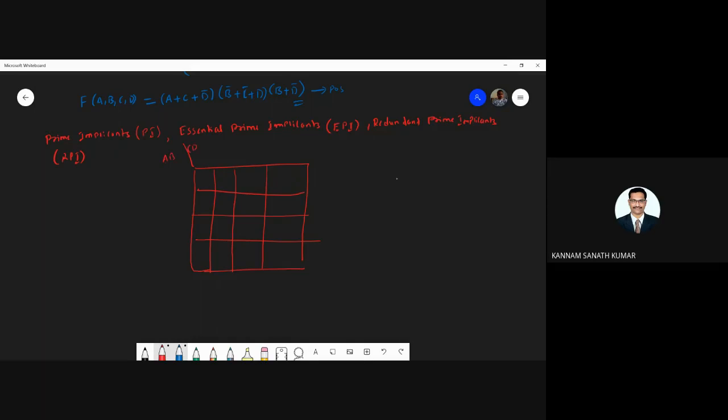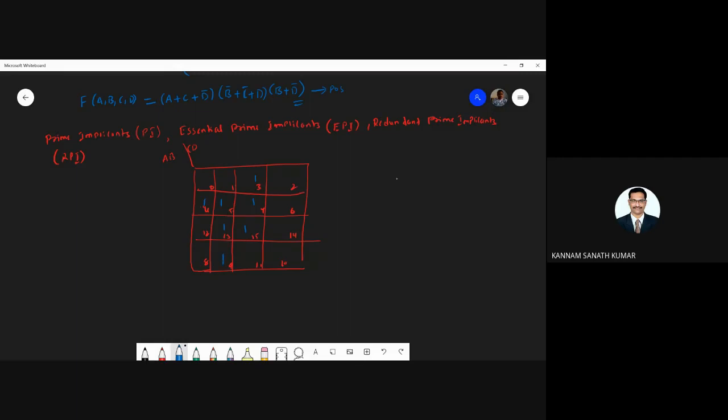So 0, 1, 2, 3, 4, 5, 6, 7, 8, 9, 10, 11, 12, 13, 14, and 15. Here, if you see, 4 and 5, 1 1 is there, and 3 and 7, two ones are there. So 13 and 15, 1 1 is there.